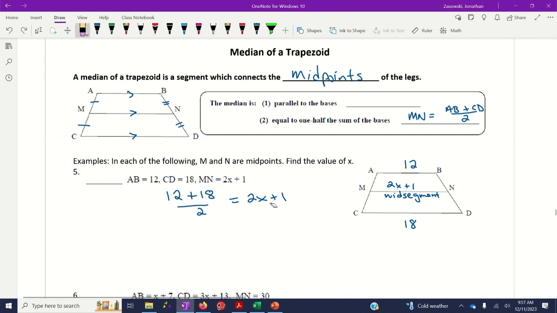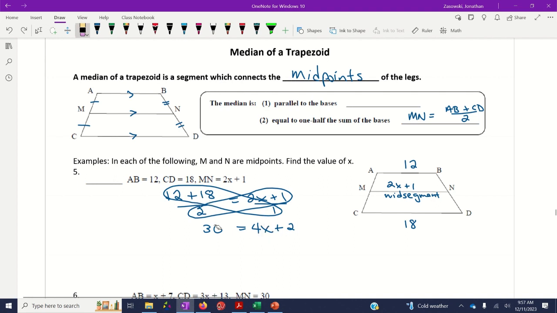Now, the easiest way in general to solve is to cross multiply. I know you could add and then divide by 2, but sometimes when the x is actually one of the two bases, the easiest way is to start by cross multiplying. So if we double 2x plus 1, we're going to get 2x times 2 and 1 times 2, so 4x plus 2.